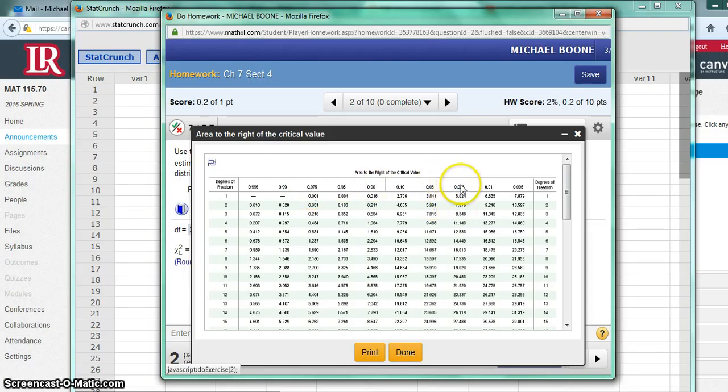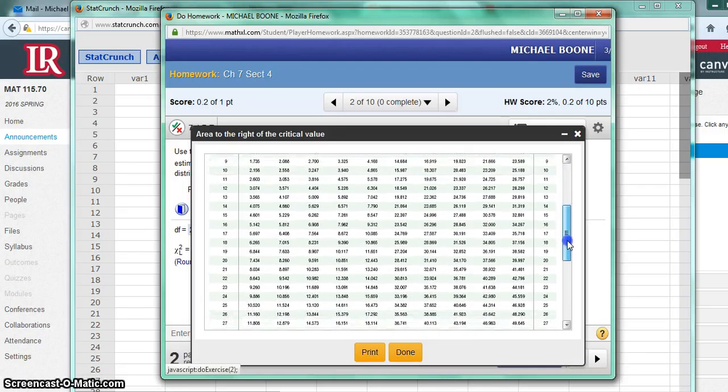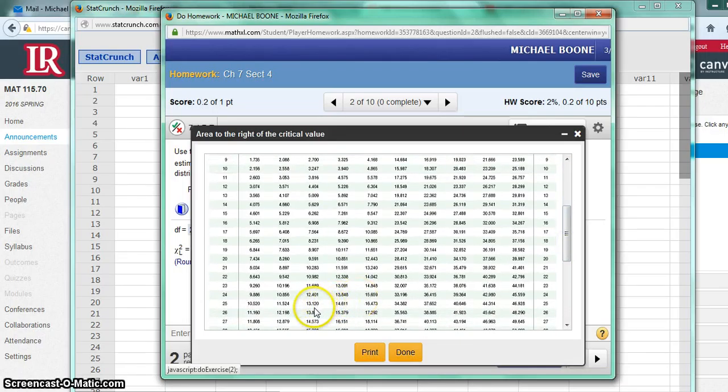If I'm looking for the right one, I'm looking at 0.025 to the right. So this would be my left one, this would be my right one. But I need to get to the right degrees of freedom. So there's that 13.12 that we got a second ago, ours was 13.1197. And then over here, 40.646. That's the other number that we got.